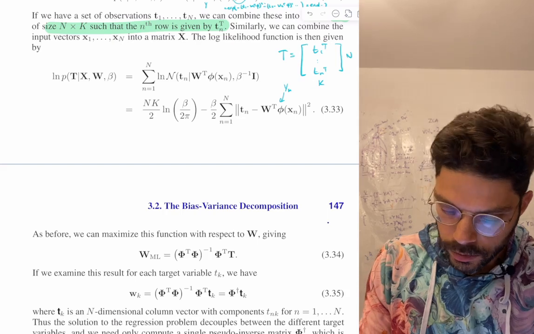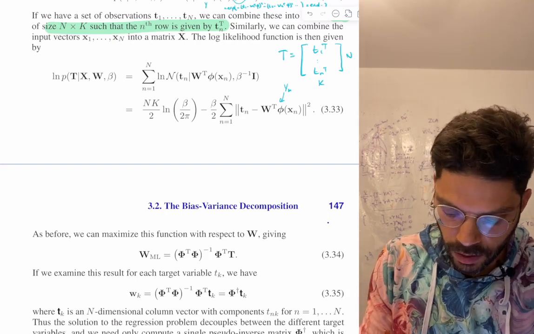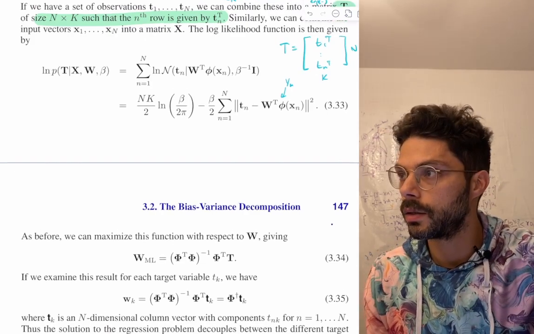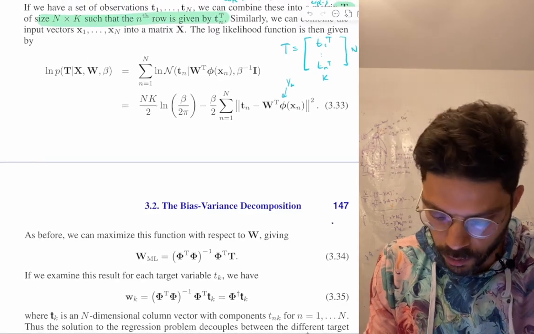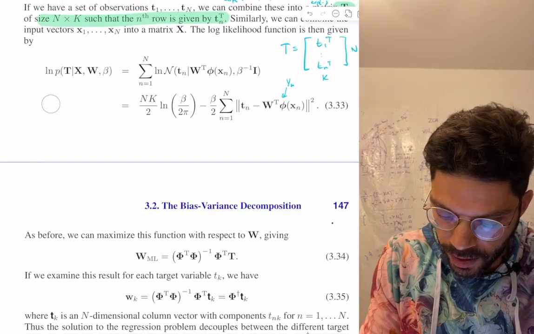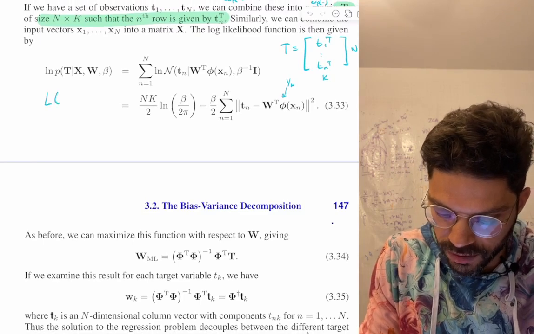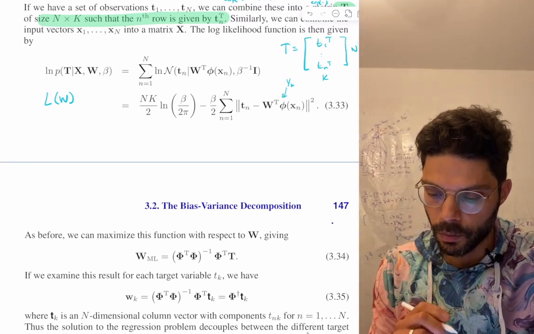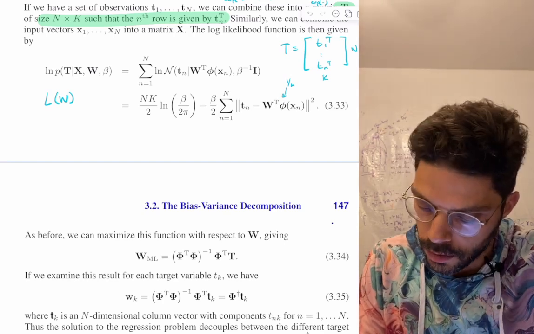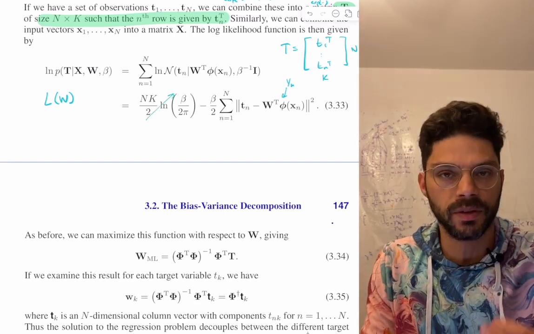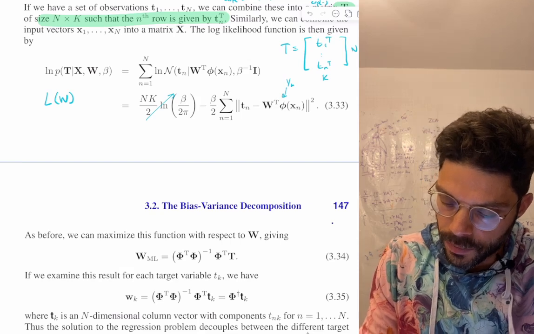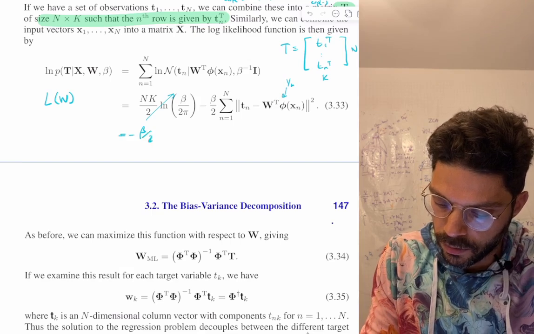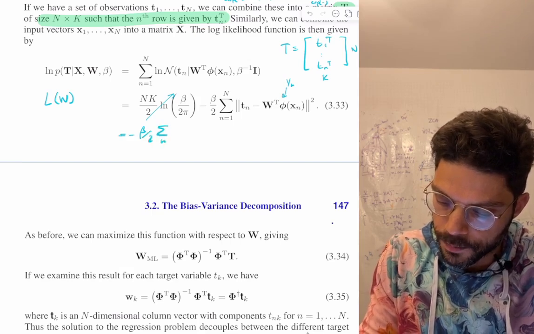Okay, so we're just going to call this L, and let me make sure you guys can see. Okay, more or less. So L is just going to be a function of W as far as we're concerned. So we're going to figure out what the gradient is. This bit has no W's in it, so we're just going to ignore that. So we're going to write this as minus beta over 2 times the sum on n.